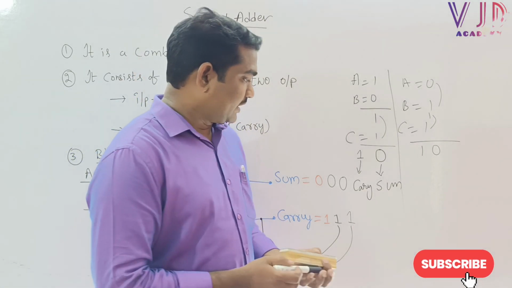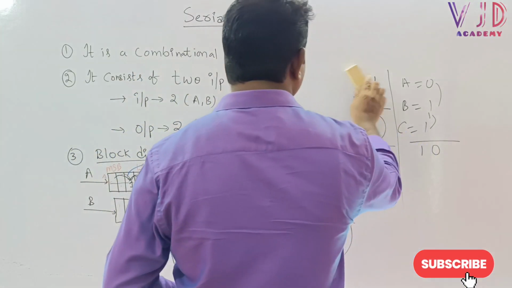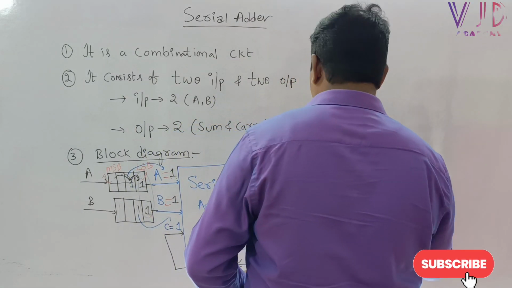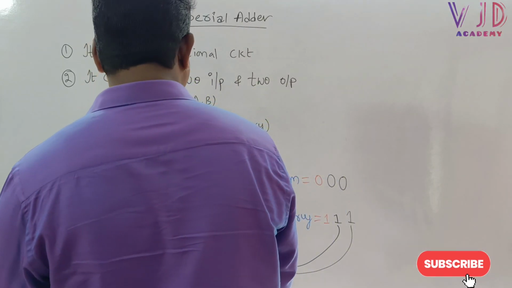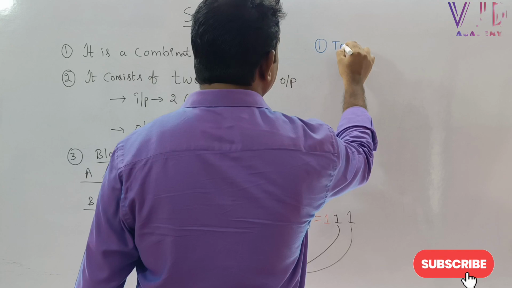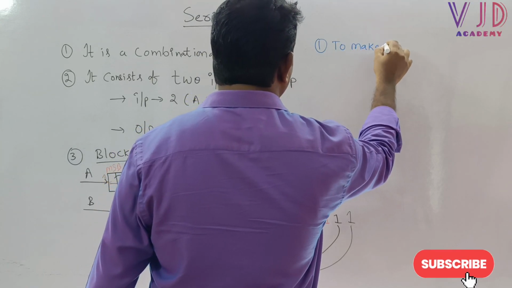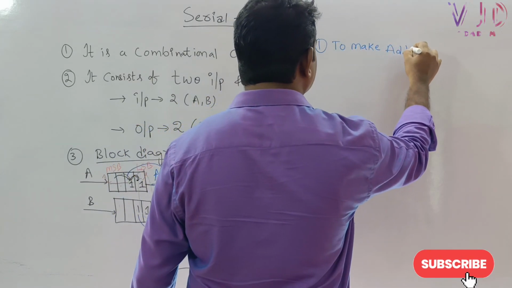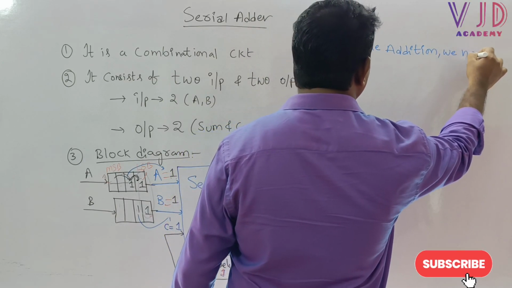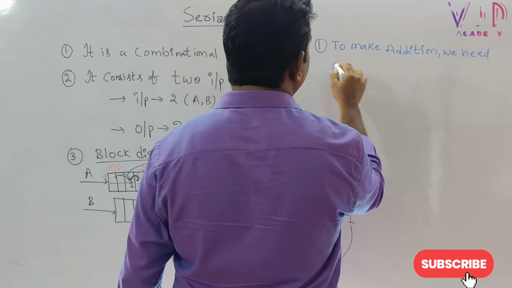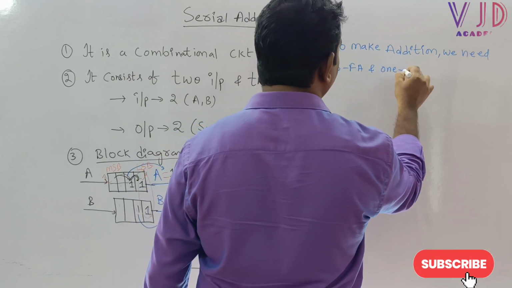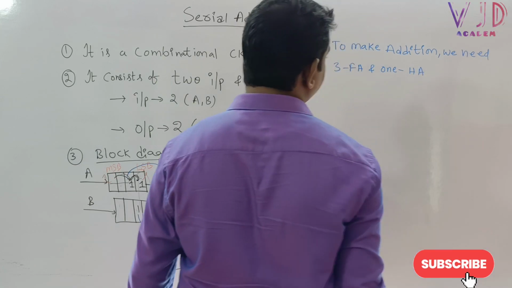When we make, please try to note down a few drawbacks of the serial adder. First point, to make 4 bit addition we need 3 full adders and 1 half adder.